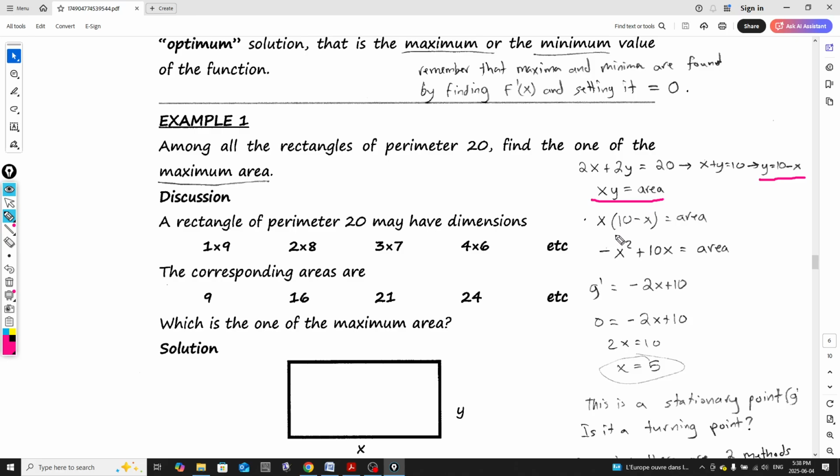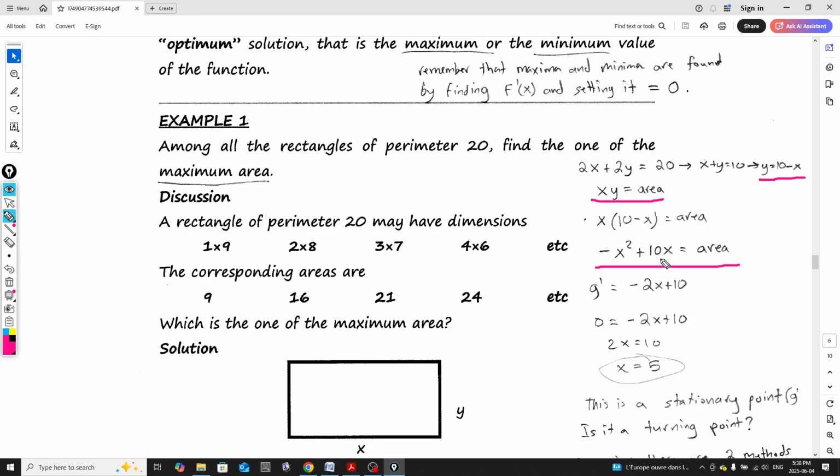The reason I want to do that is because I want a nice area equation where I only have one unknown, and that's what I get over here. So this is now the area. All I did was take the perimeter equation, isolate for y, and substitute that into the area equation. Why the area equation? Because I'm going to try to maximize that area.